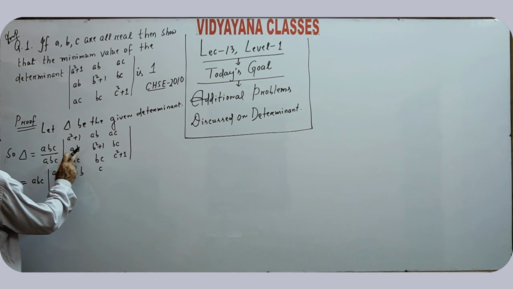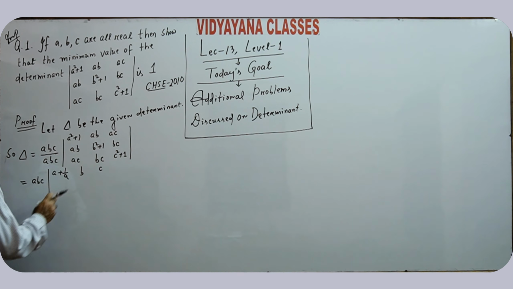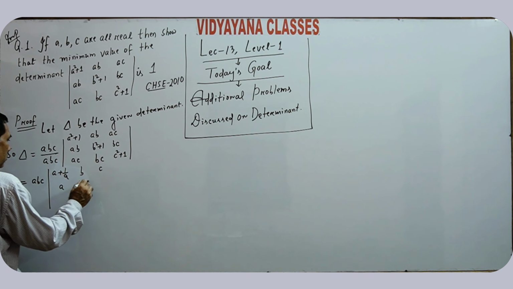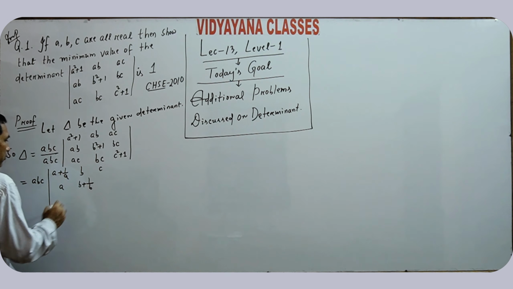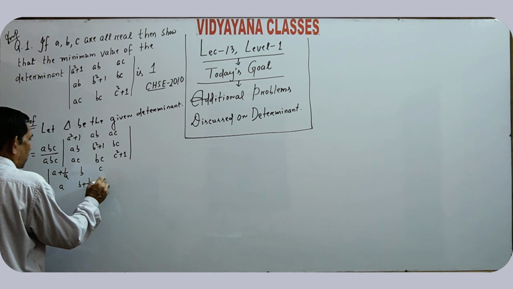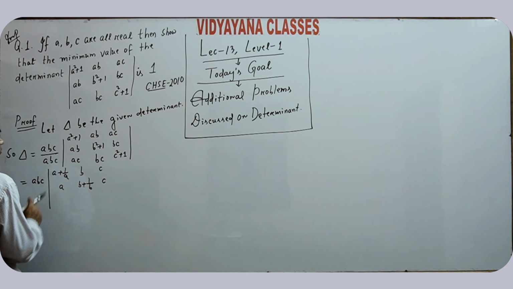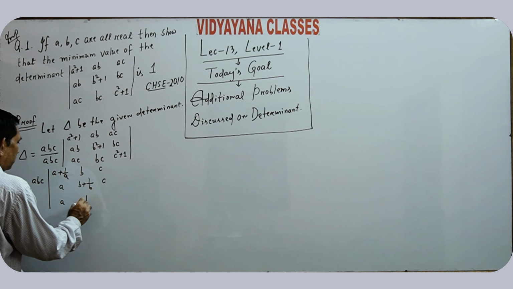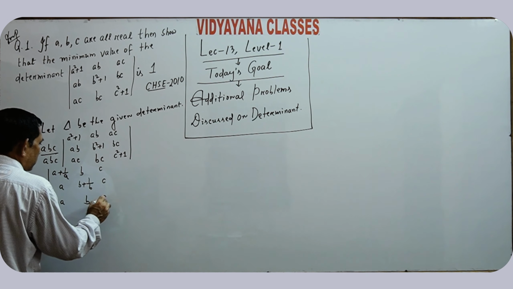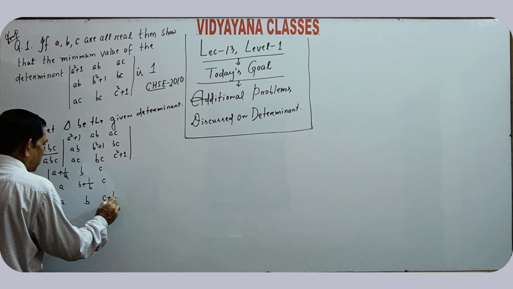Multiplying 1 by b in row 2, ab, b square plus 1 by b, and c. Multiplying 1 by c in row 3, it gives a, b, c square plus 1 by c.